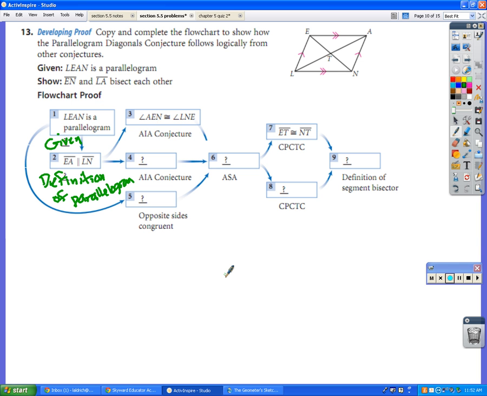All right? Okay, so then from that we are able to say that angle AEN, so this guy right here, is congruent to LNE by the alternate interior angle conjecture. Okay? What other two angles can we say are congruent by the alternate interior angle conjecture? If we know that these two lines are parallel. Manuel?